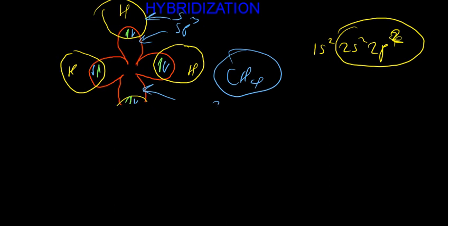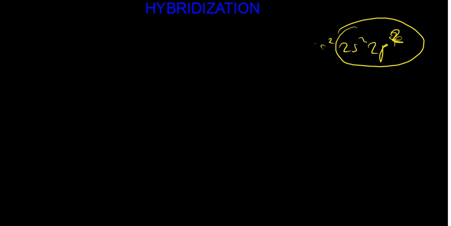So that is sp3 hybridization. The other type of hybridization is the sp2 hybridization. Now for here, only one s comes together with 2p orbitals to form sp2.